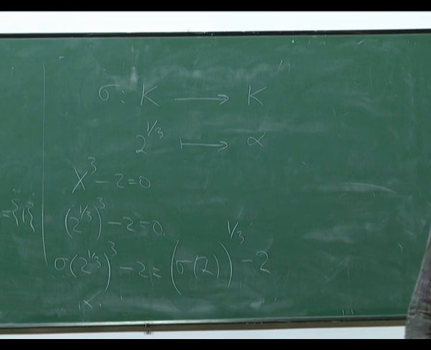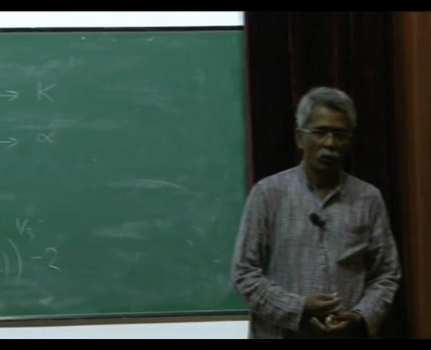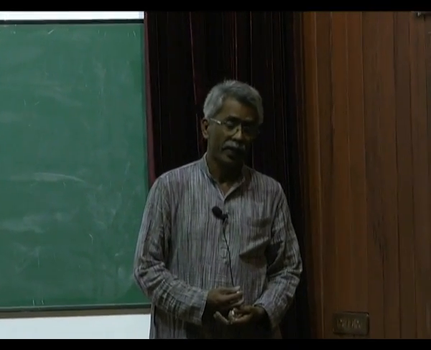True, but why should any field automorphism fix all rationals? Well, sigma of 1, where can you send sigma of 1 to? Sigma is a field automorphism, identity has to go to identity.